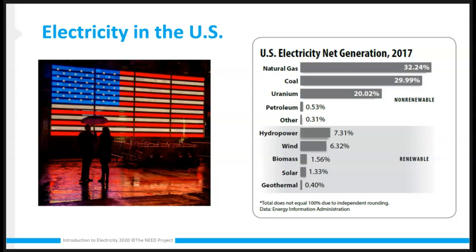So these are things like the Hoover Dam. Wind turbines are popping up all around the country. So 6.3% is a number that seems small, but it's always increasing. Biomass, solar, and geothermal are very small amounts. Solar and geothermal, a lot of times it comes down to location, location, location.